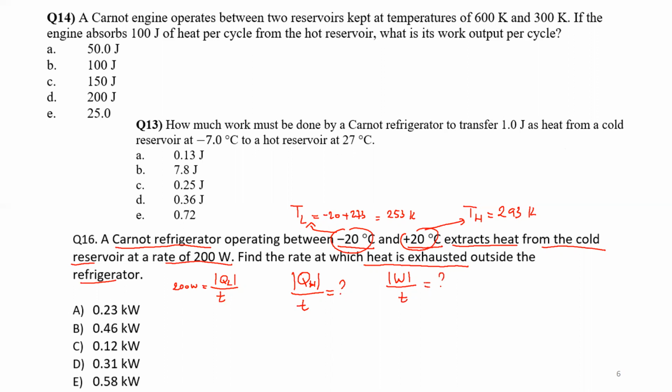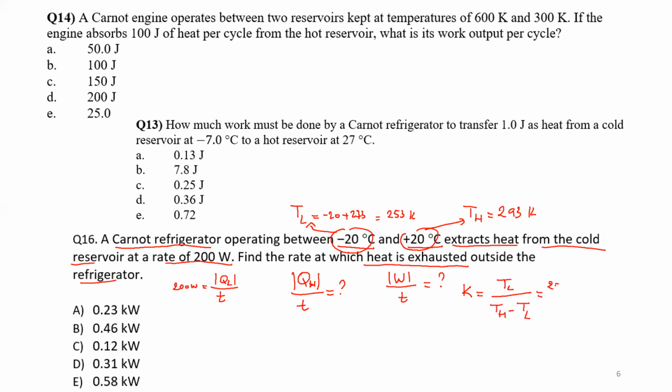Good. Now, let's solve it. I give you TL and I give you TH, so I can calculate the coefficient of performance of my ideal Carnot refrigerator. As we said, K for a Carnot refrigerator is just, let me write first the formula, TL divided by TH minus TL.